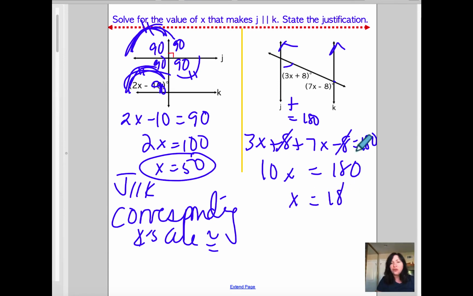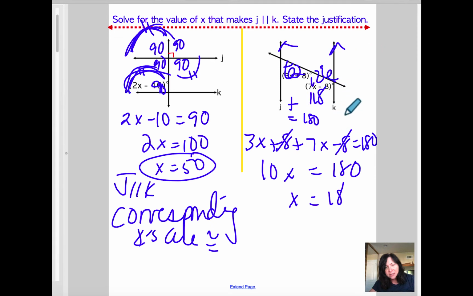Now, if this is true, and if these are same side interior angles, they would need to be supplementary. So let's plug in 18 and see if that actually works. 3 times 18 is 54, add 8, and I get 62. For this one, 18 times 7 is 126, and I'm going to subtract 8, and I get 118.